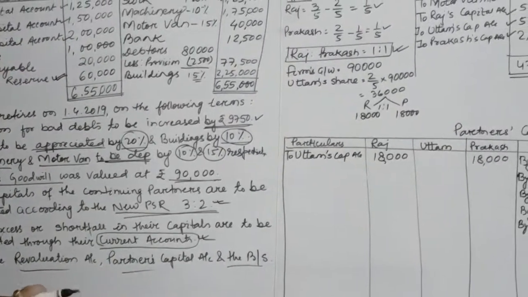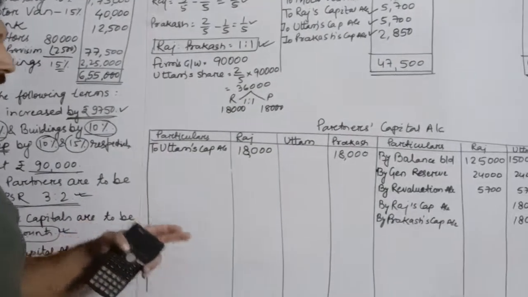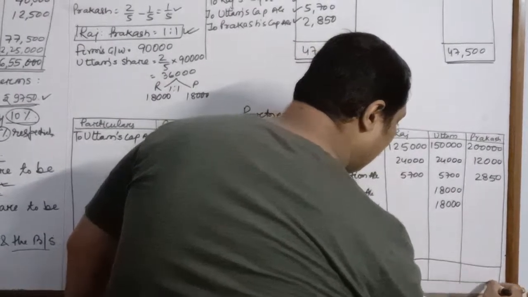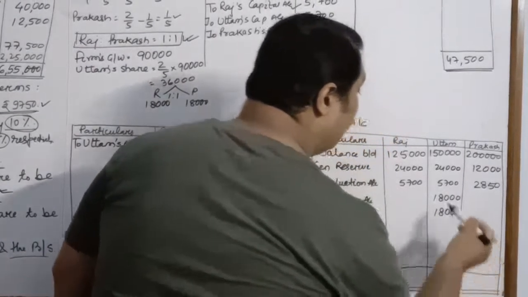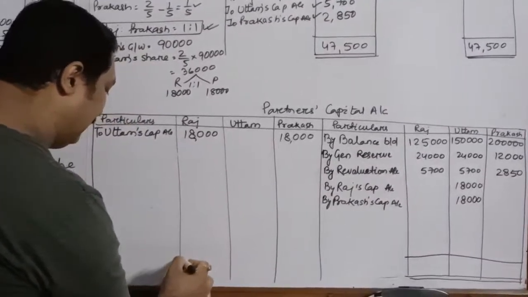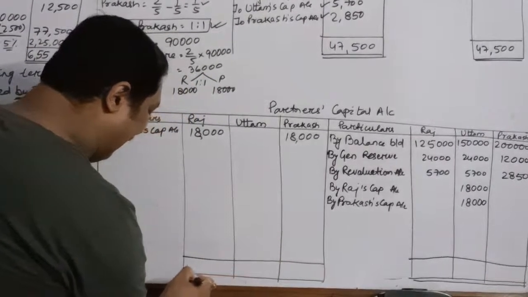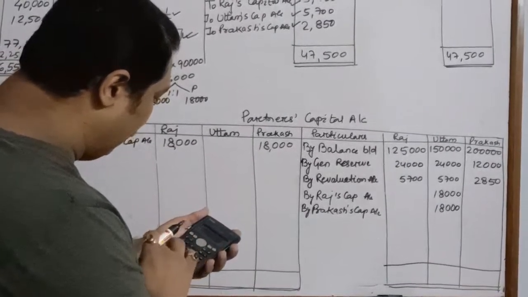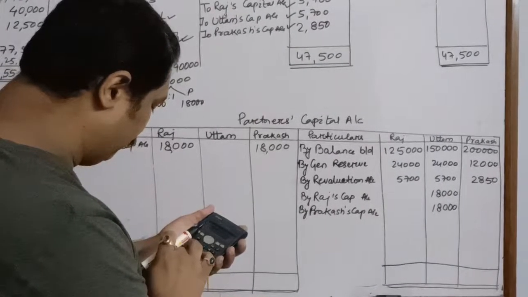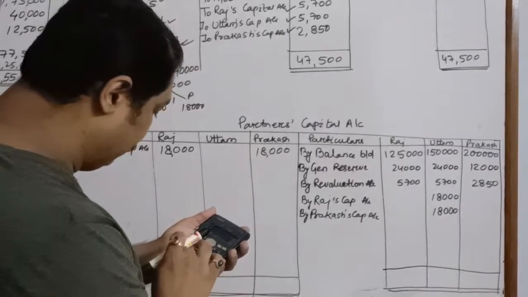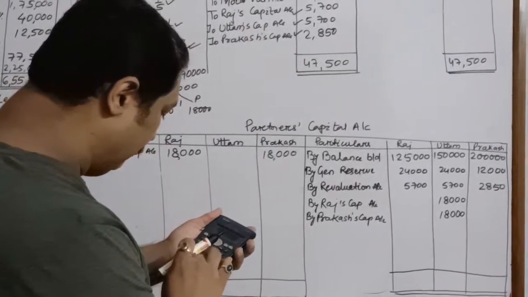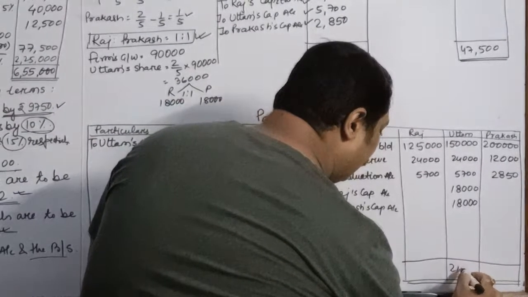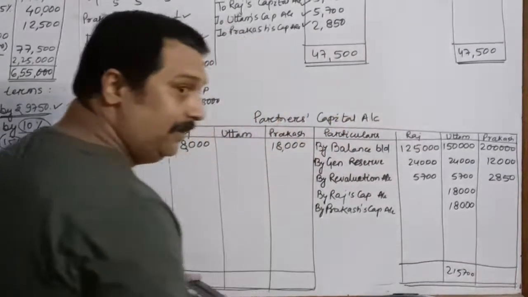Before we talk about the capital adjustment, we will close the capital account of the partners, and we will pay first of all Uttam, who is the retiring partner. So we will calculate the amount which is to be paid to Uttam. It is rupees 1,50,000 plus 24,000 plus 5,700 plus 18,000 plus 18,000, which is 2,15,700.